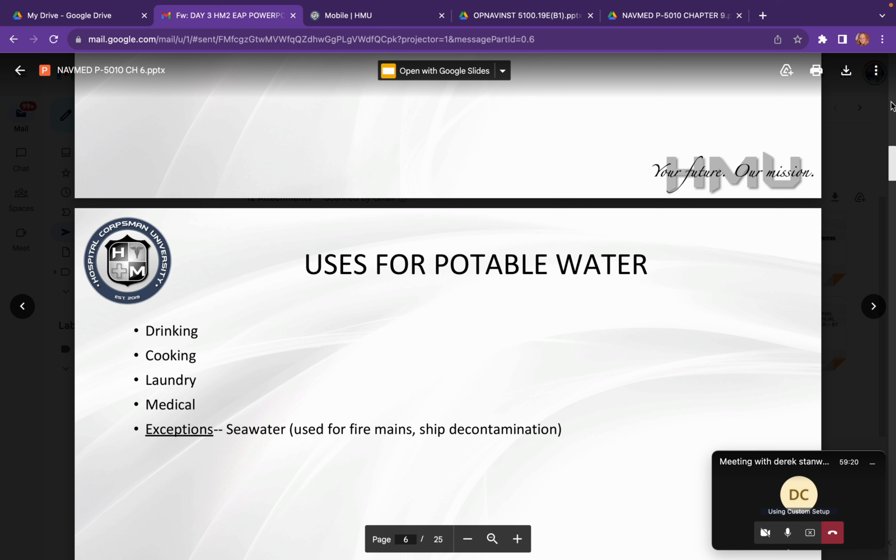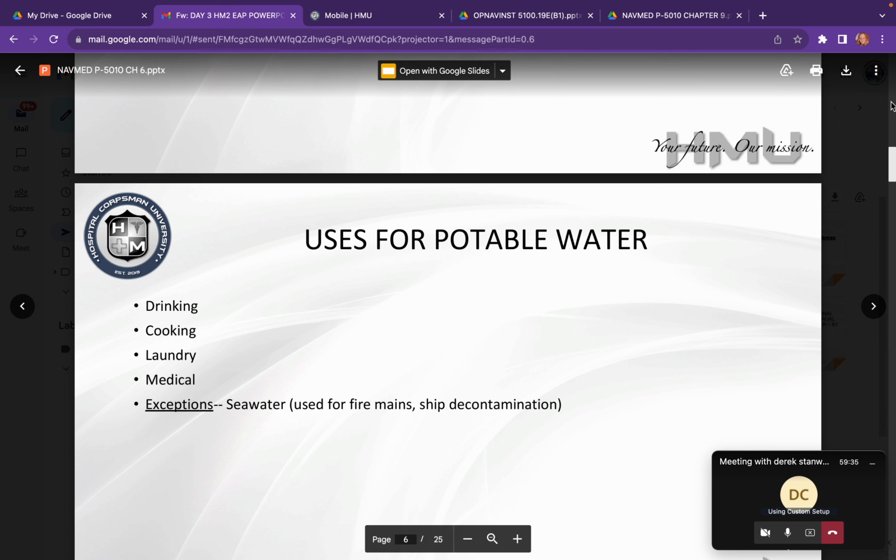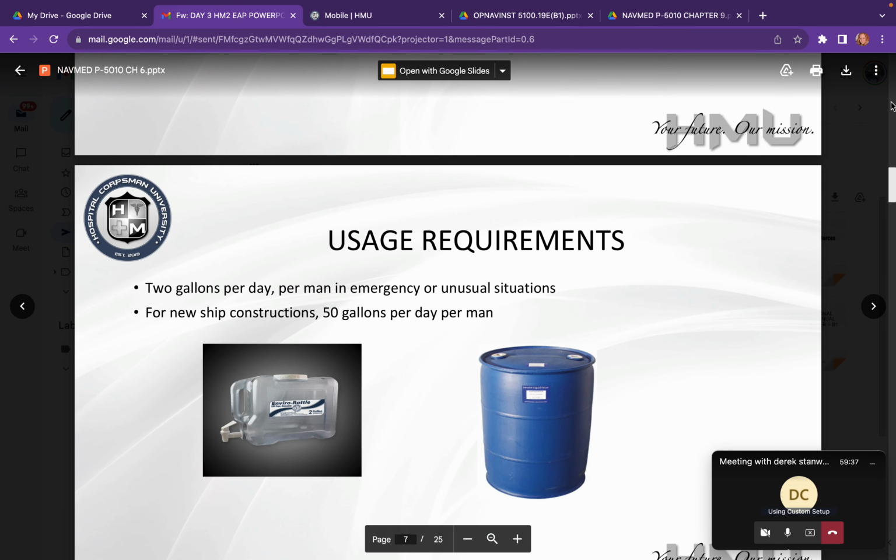Usage requirements. You have to be able to provide 2 gallons per day per man in emergency or unusual situations. For new ship construction, this is 50 gallons per day per man. So old ships, 2 gallons per day per man in emergency situations; new ships, 50 gallons per day per man.